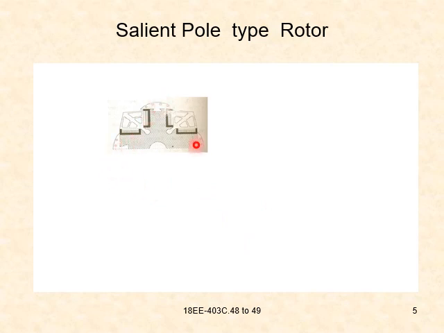So 1, 2, 3 and 4, this is a 4 pole structure. This is a pole with pole face, also called pole shoe or face of the pole, and the small circles are called damper winding. The damper winding is embedded in the faces of this pole.